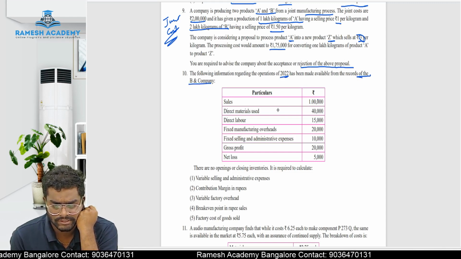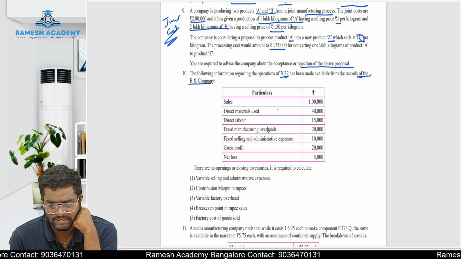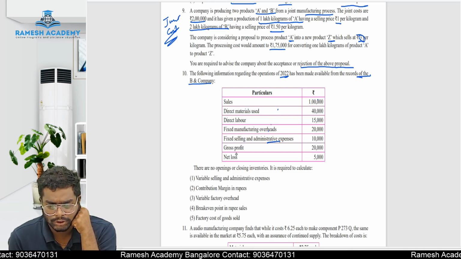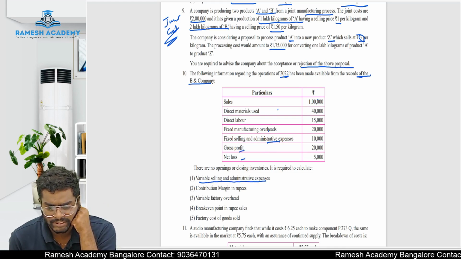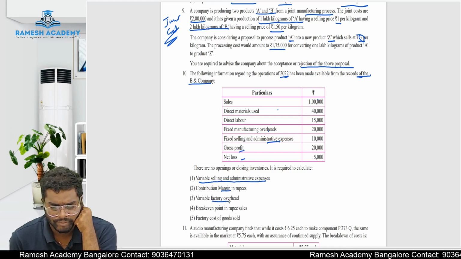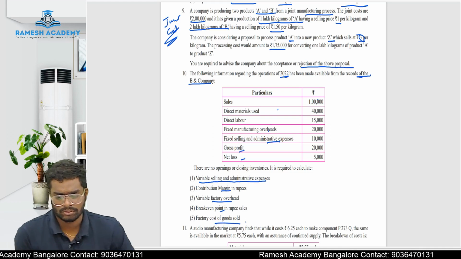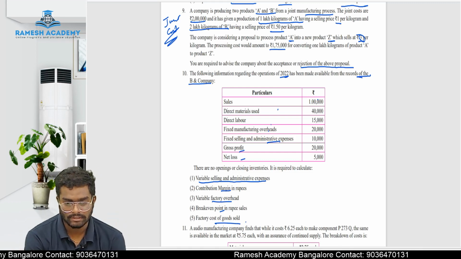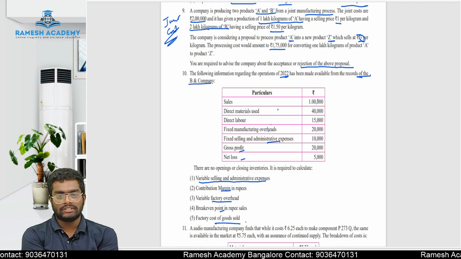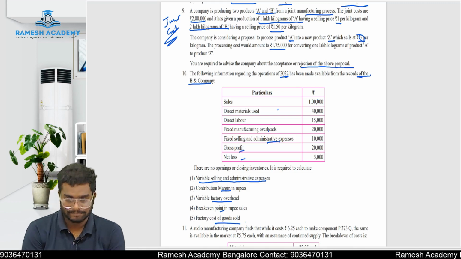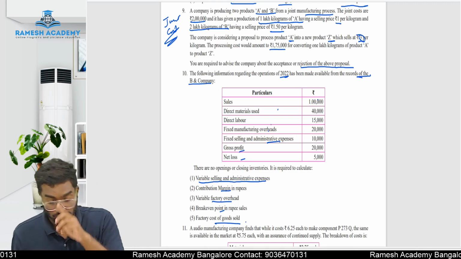They have sales, direct material used, labor, fixed manufacturing overhead, fixed selling and distribution expense, gross profit, net loss. We have to find the variable selling and admin expenses, contribution, variable factory overhead, break-even point, factory cost of goods sold. For doing all these things, first we have to prepare a cost sheet. Then only we can calculate all these things.